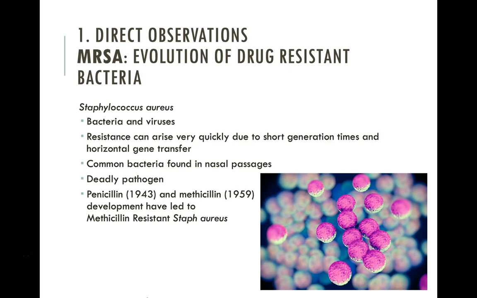So they can spread their antibiotic resistance very quickly because bacteria have really short generation times. And so that means that they divide very quickly, and so you get really high numbers. And if they're sharing genes, if one of them acquires a mutation that allows them to survive, they're going to pass that gene on both to their offspring and to possibly other bacteria in the area.